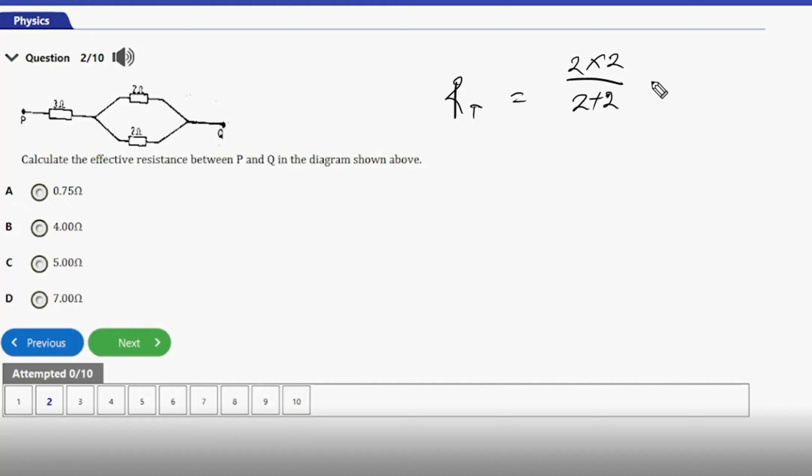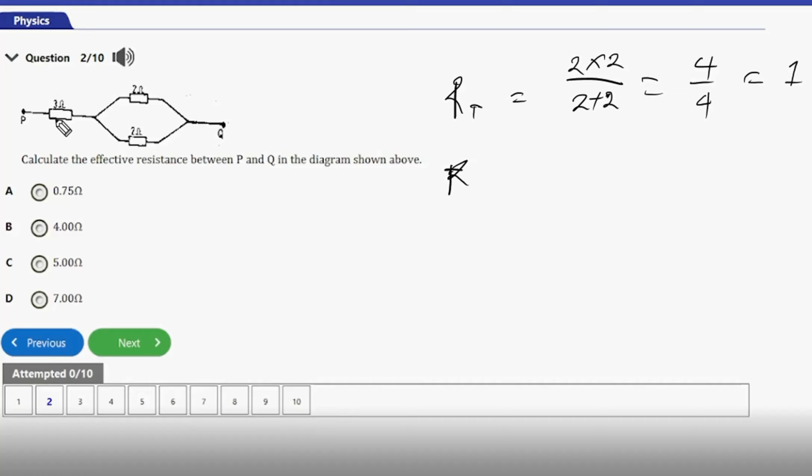So this will give us 4 over 4, which is equal to 1. So in this case, we have 1 ohm for the parallel resistors. Now we are going to add the sum of these parallel resistors together with the resistor over there to make it series.